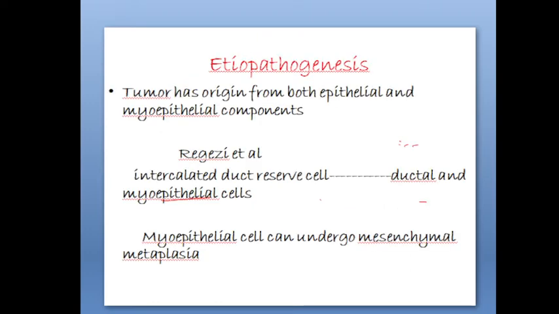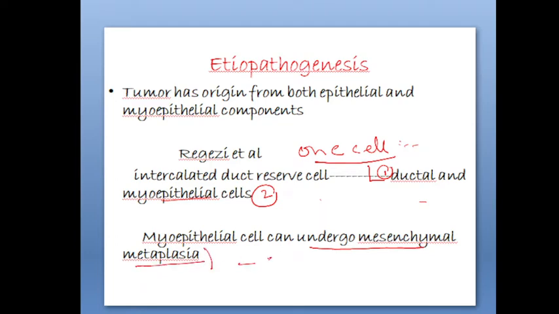Regarding the etiopathogenesis, the tumor has origin from both epithelial and myoepithelial components. Regezi et al. proposed that intercalated duct reserve cell is the progenitor cell or basic cell. Only one cell gives rise to ductal and myoepithelial component, which in turn lead to mesenchymal metaplasia.